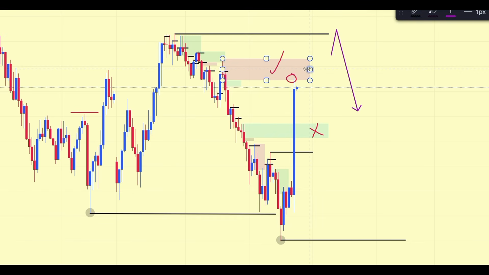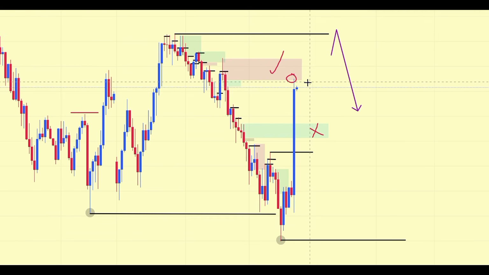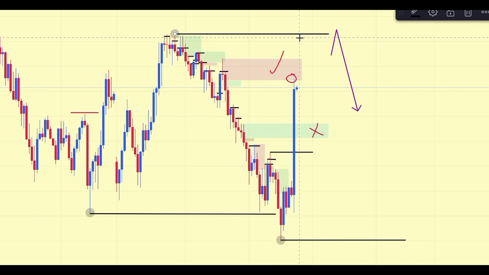Even though this is the extreme POI, it is not a strong reversal. The strong, high probability reversal is this major inducement sweep, or the external liquidity sweep, because this here is a trading range high, while at the same time it is the external liquidity and also the major inducement, because our trading range involves the minor inducement.